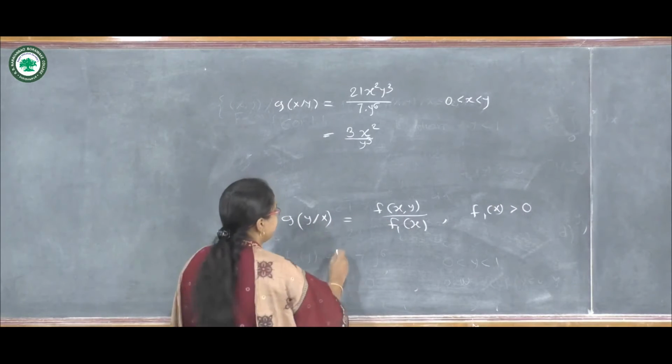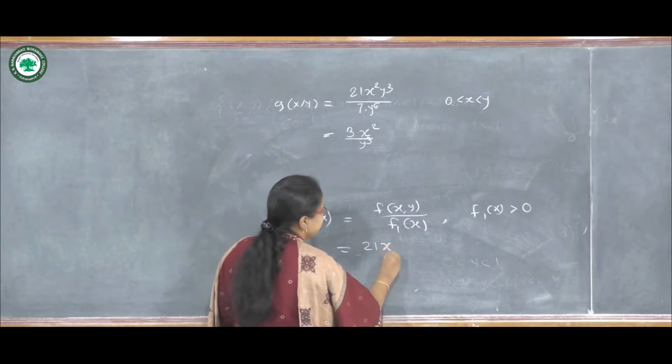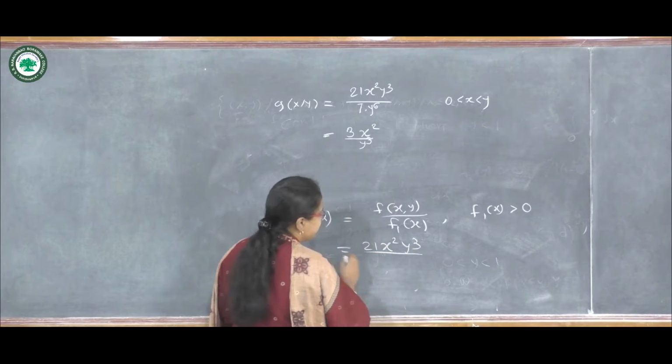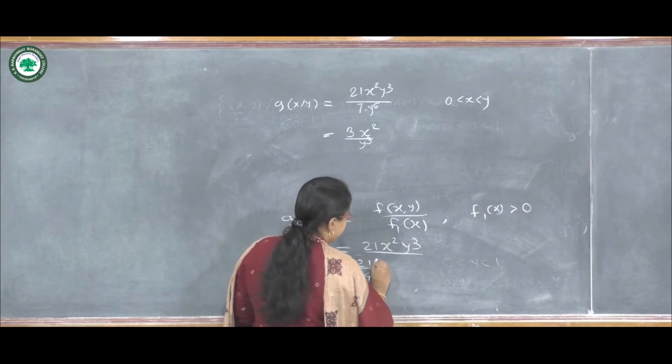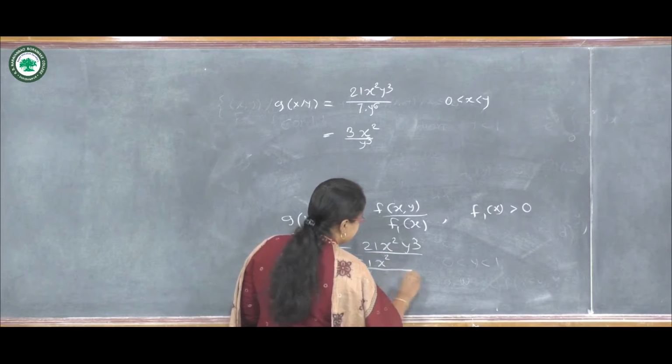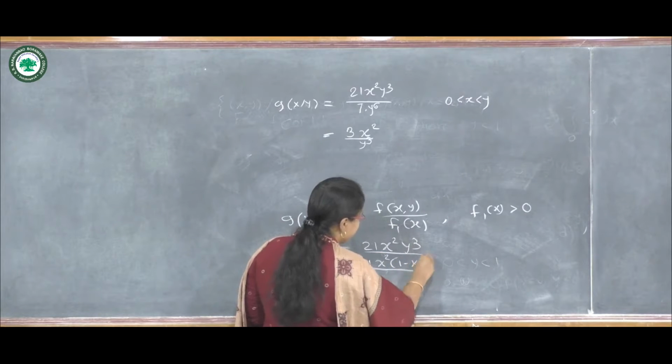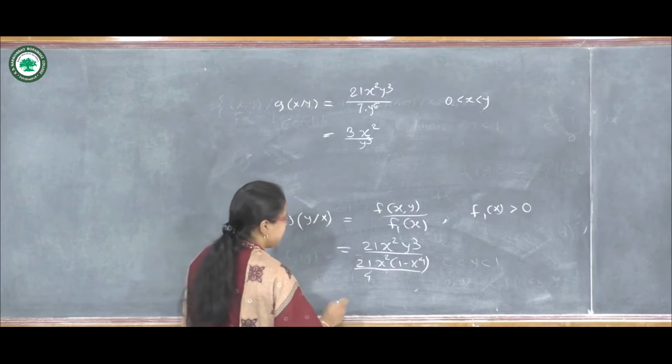Similarly, we can calculate this. So 21, so f1x was 21 upon 4 into x square into 1 minus x raised to 4. So this was the marginal PDF.